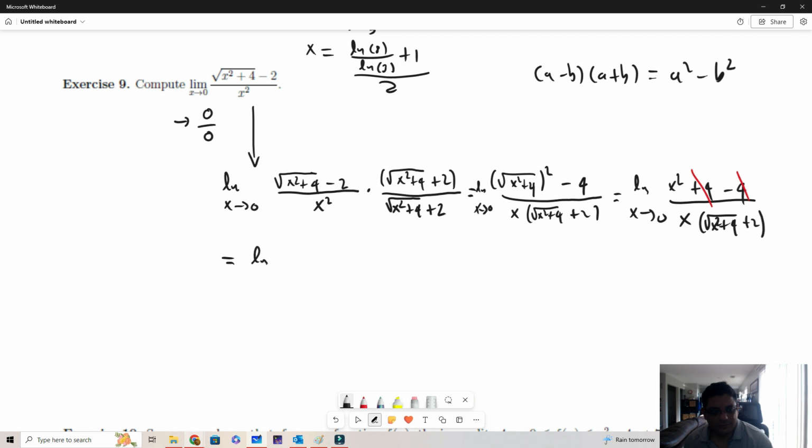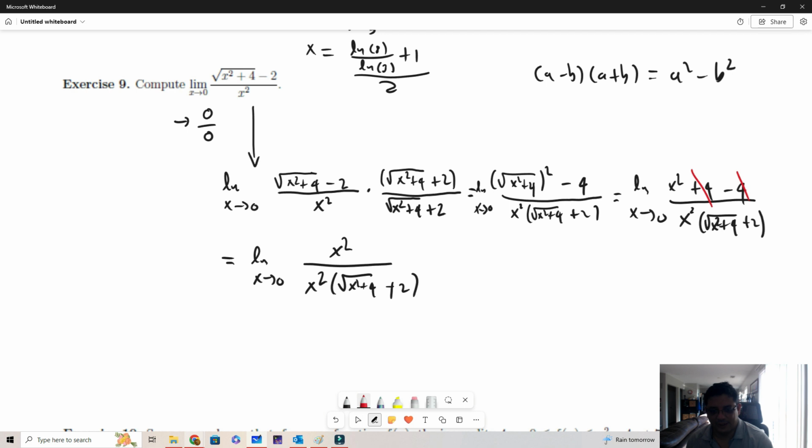And this is x squared. And I'm going to have the limit when x goes to 0 of x squared over x squared times square root of x squared plus 4 plus 2.